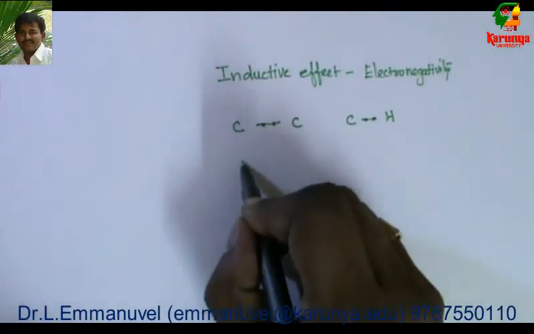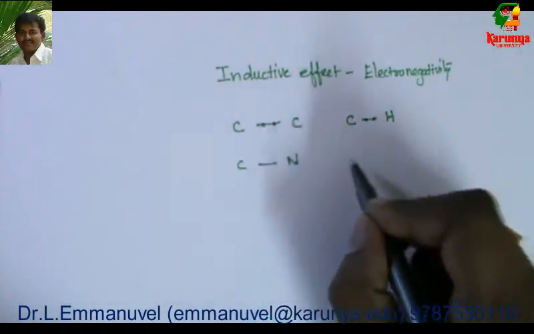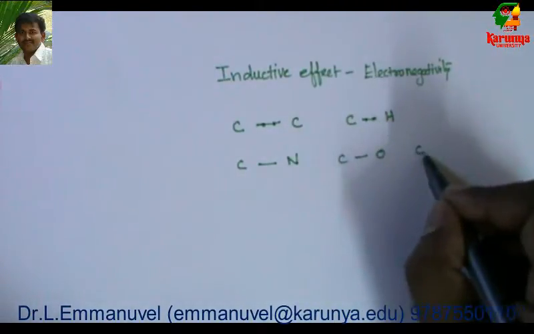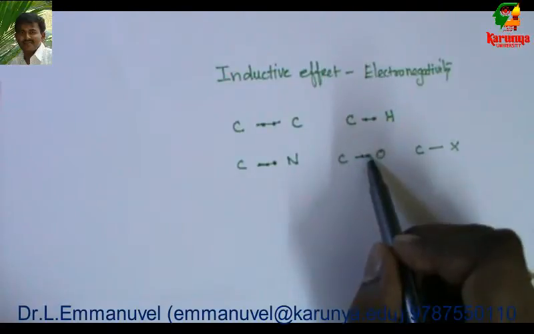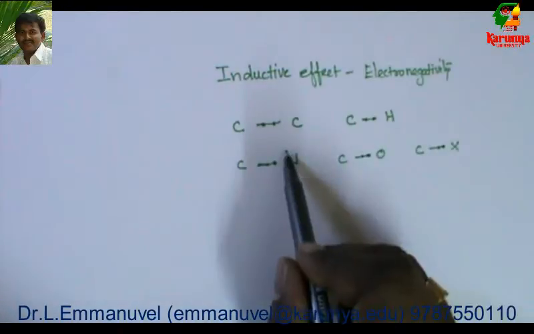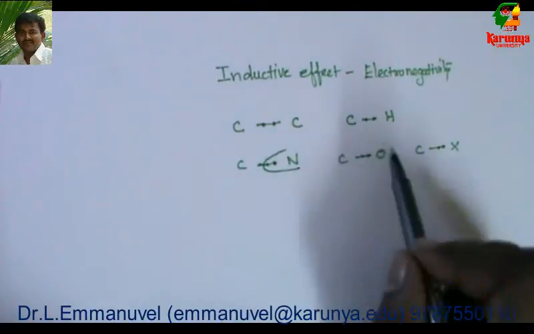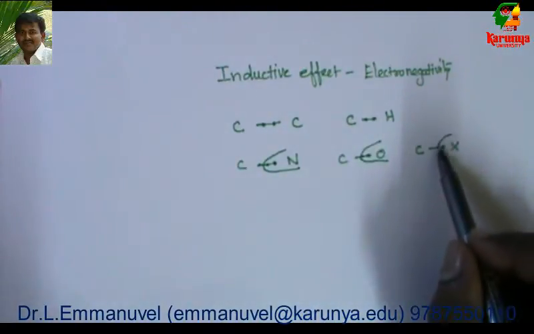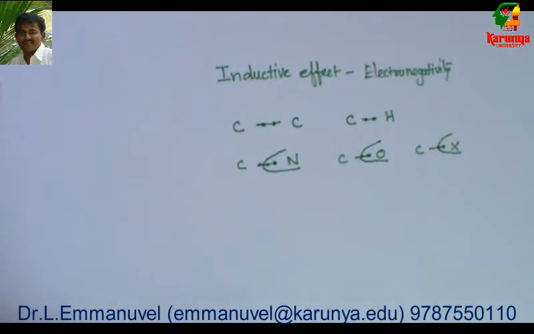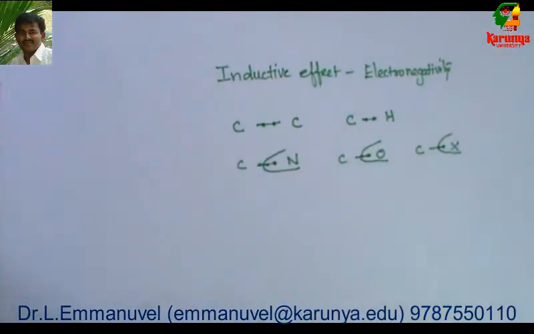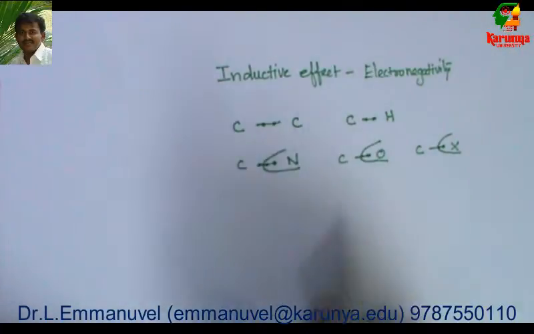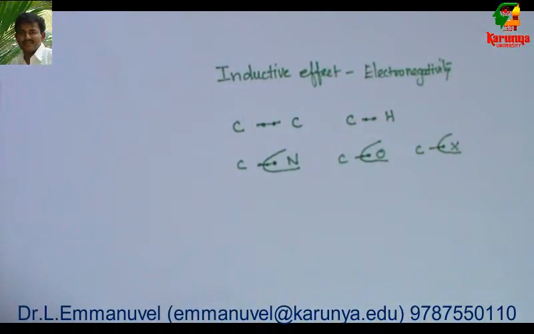But when carbon is attached to nitrogen or oxygen or halogen, the electrons in the bond are not in the middle. These electrons are pulled by the nitrogen, oxygen or halogen atom, because the electronegativity of nitrogen, oxygen and halogen is higher than carbon.